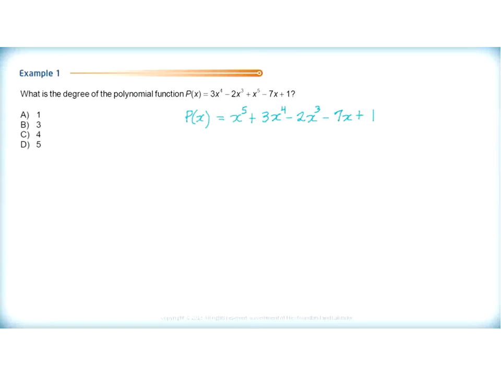And we see here that the highest power of x in the polynomial is 5. So that tells us that this polynomial is of degree 5, which would represent that of a quintic polynomial. So the correct answer for the degree of this polynomial is D. It is of degree 5.